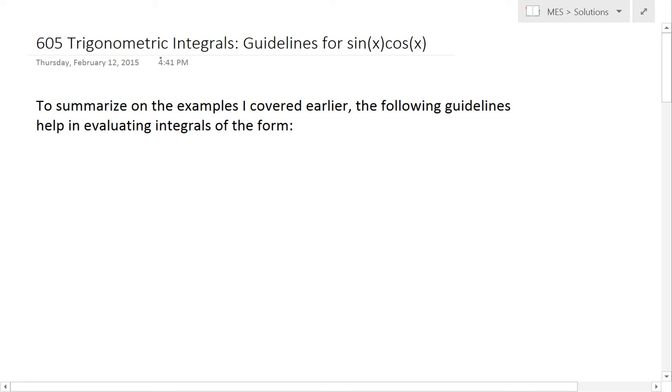Time to discuss further into trigonometric integrals and now look at some guidelines for solving integrals of sine x, cos x when you have different powers.